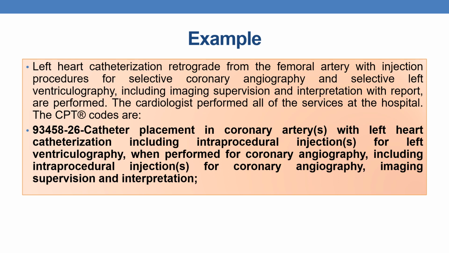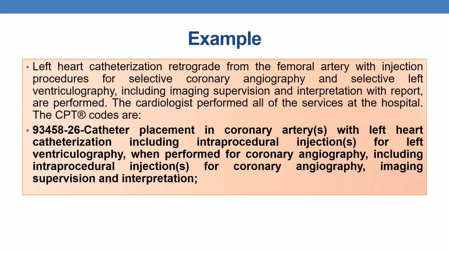Left heart catheterization and selective left ventriculography is performed. We know that left ventriculography, whenever performed, is included in the left heart catheterization. So the appropriate CPT is 93458 along with the 26 modifier to indicate the professional component.